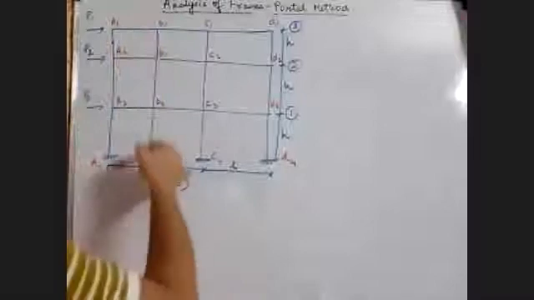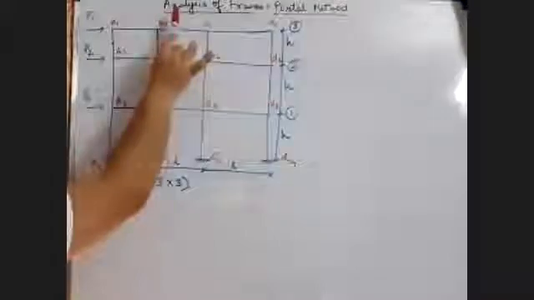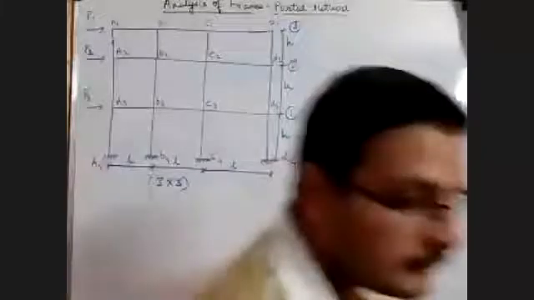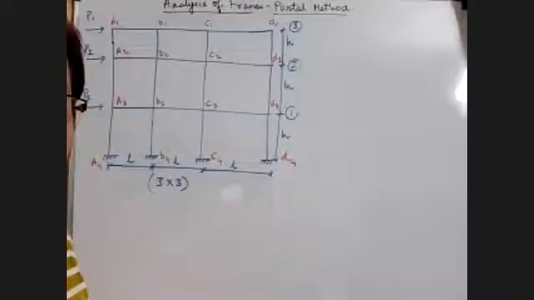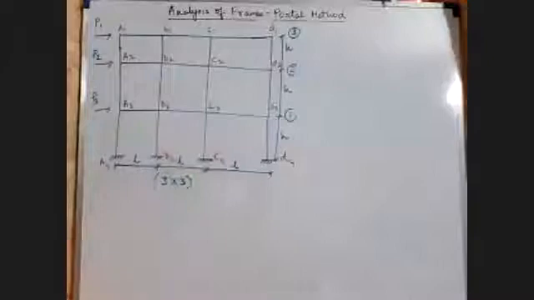There are 16 beam column joints: A1, A2, A3, A4, B1, B2, B3, B4, C1, C2, C3, C4, and D1, D2, D3, D4. Okay.